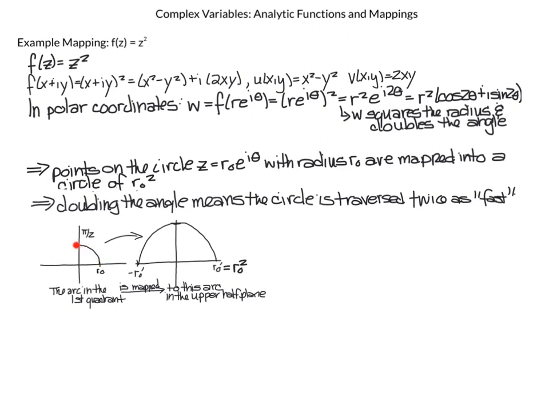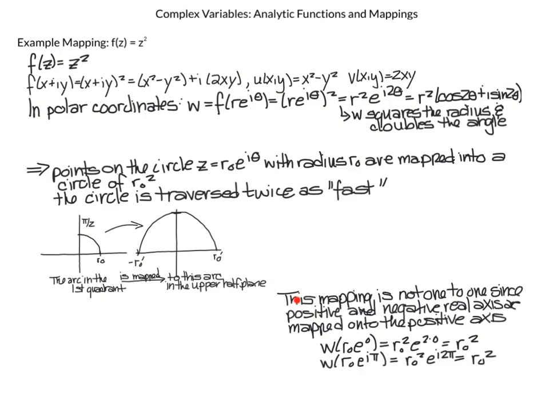So if we just map the top half of the circle, after our transformation we're going to have the complete circle. And if we traverse the circle once in this original domain, after our transformation we will have traversed the circle twice. So this is what I mean by twice as fast.